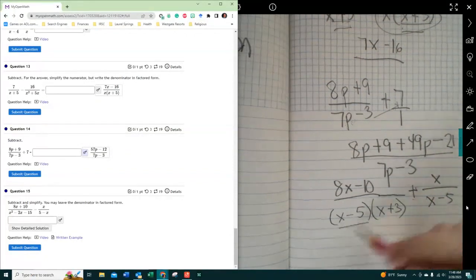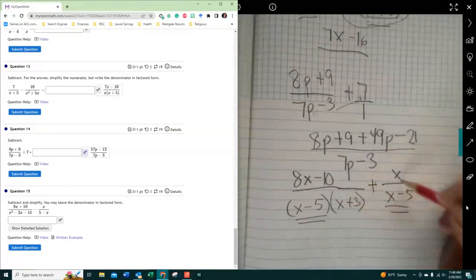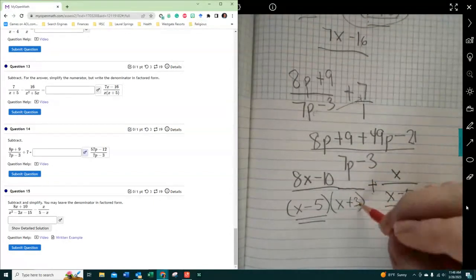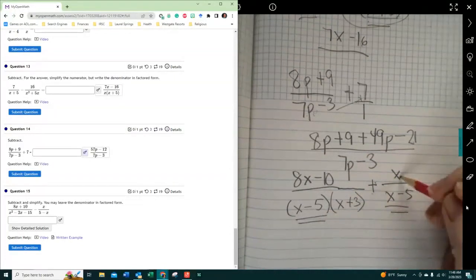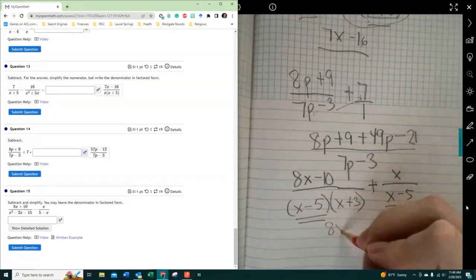So now these are the same. I'm going to go ahead and multiply this to this. All right, because these are the same. All I got to do is multiply this to this, and then I'm practically done. So I'm going to go ahead and do that.